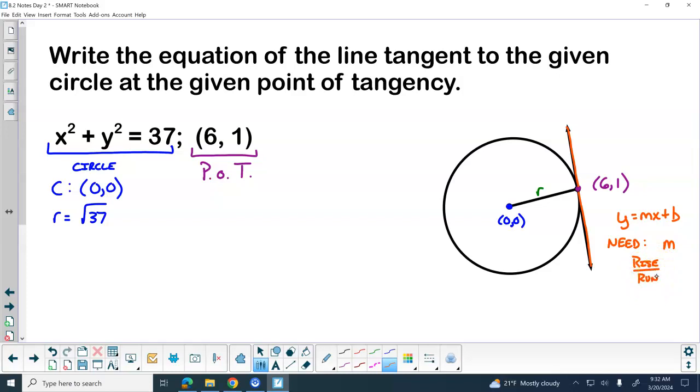Other ways we've described slope in the past. Pre-algebra just learned that it's delta y over delta x.